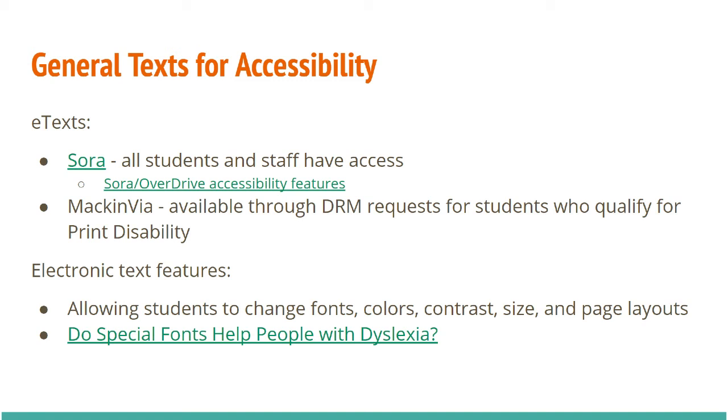So we can get those texts for them that you might be using, like I said, class novel sets or any kind of trade books. We can get those on Sora, and then the students will have them on their iPads and be able to use any of those accessibility features that are available.